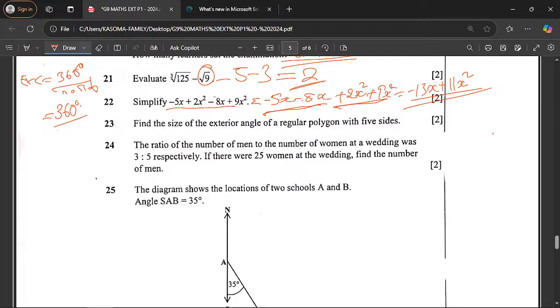How many sides? We are told 5. So we divide by 5.